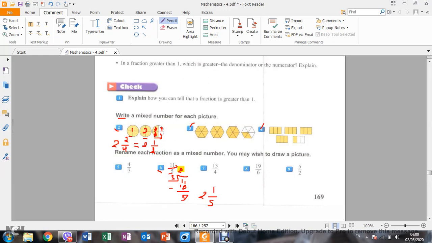How do I draw this? You can use whichever model you like, such as a fraction bar or circles. Here I'll use circles.